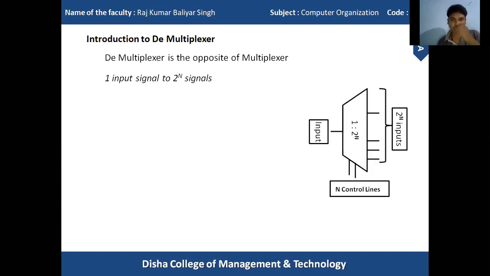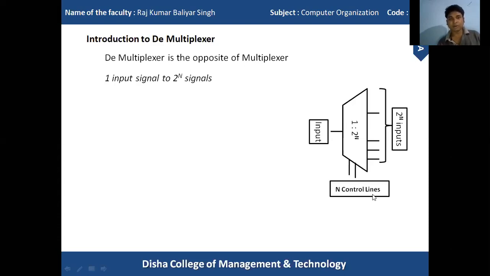So this is the block diagram for the demultiplexer. In the block diagram, see, this is the input line, one input line, and this input line is converted into the n output lines. Such a type of demultiplexer is called a 1 to n demultiplexer. In short, it is called DMUX. And this demultiplexer also has other separate lines apart from this input line. These are called the control lines.